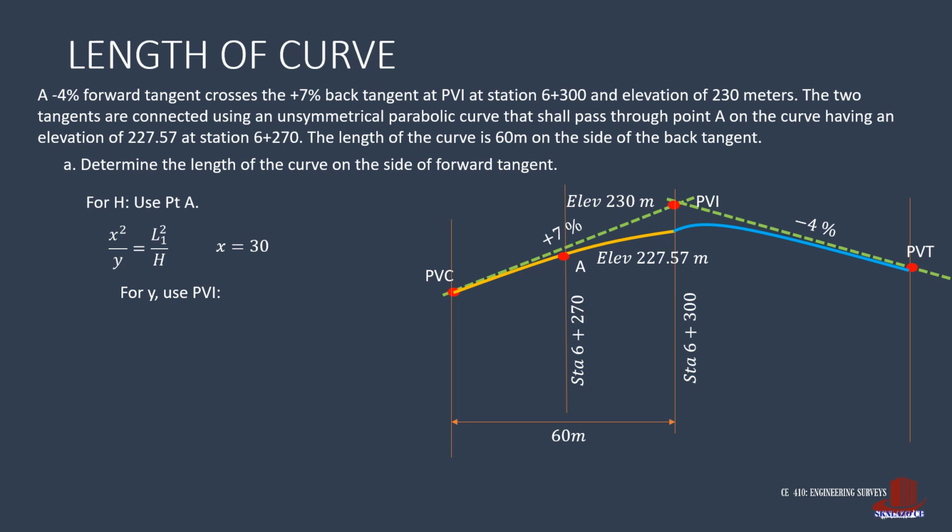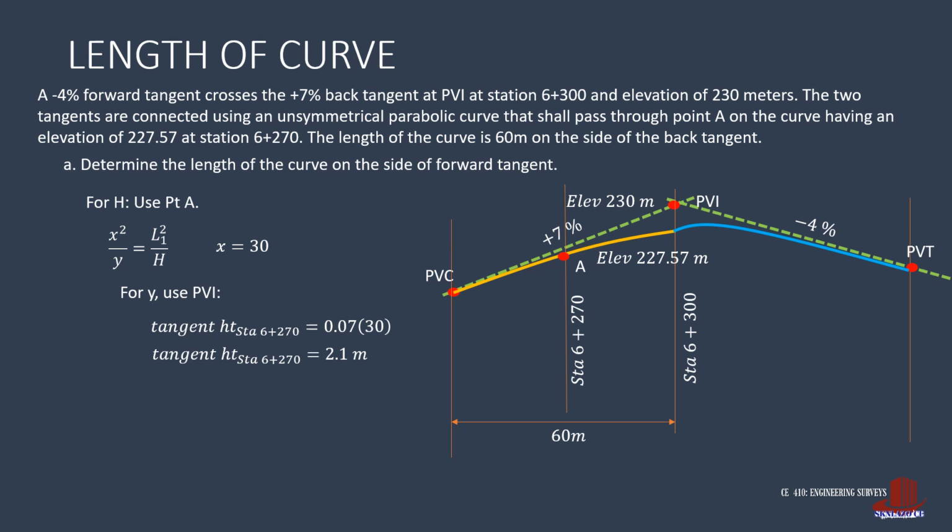But what is y? Looking at station 6 plus 270, y is the distance between the tangent and the curve in this alignment. So solve for the tangent height first using gradient. That's 0.07 of 30 meters, giving 2.1 meters.